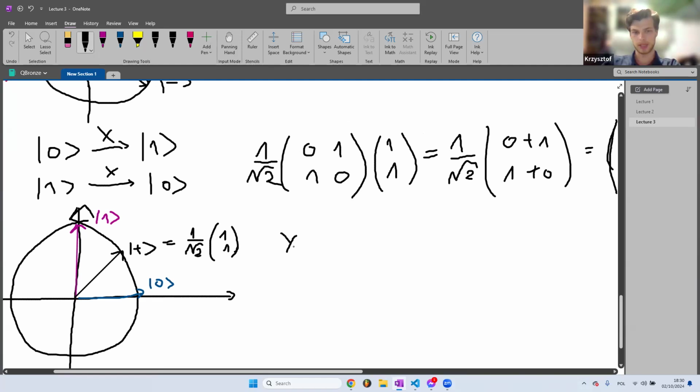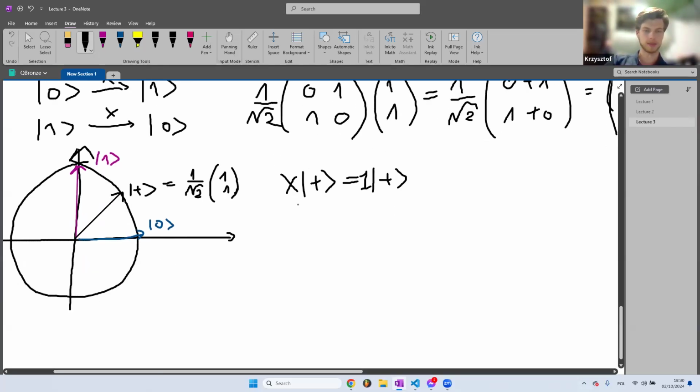So we can see once again that the X gate applied on the plus state gives the plus state with an eigenvalue of 1. So this is an eigenvector of the X operator.